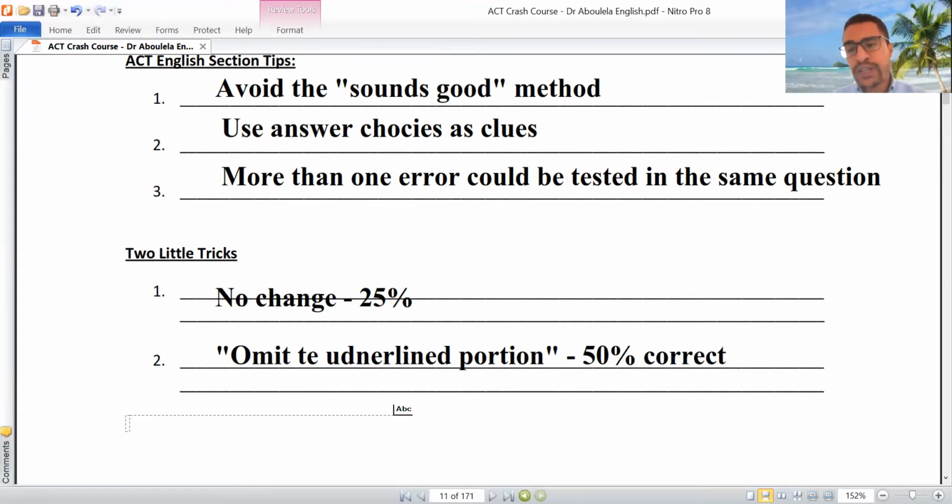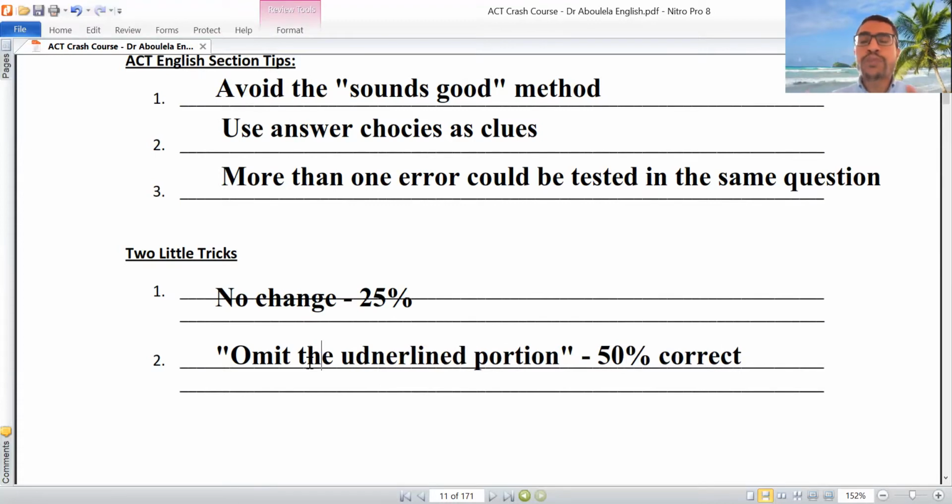So there is a 50% chance that this answer choice is correct because when you omit the underlined portion, you will make your sentence shorter in that context. And it has to do with the economy of expression that states if you can say something in 1 word, don't say it in 2 words. If you can say it in 2 words, don't say it in 3 words. So that's the point, avoiding redundancy, avoiding wordiness.